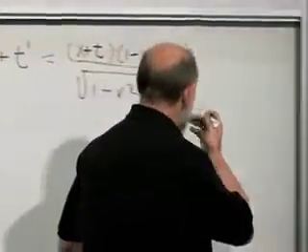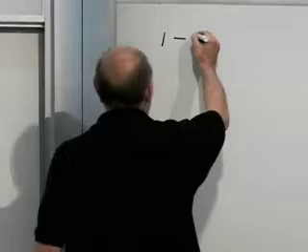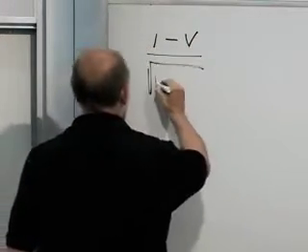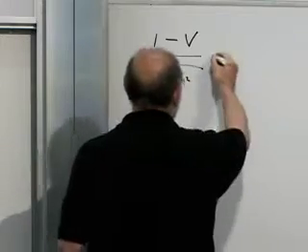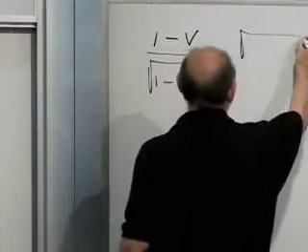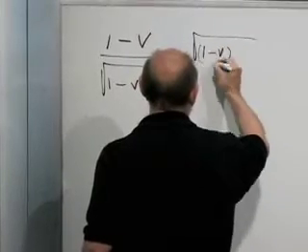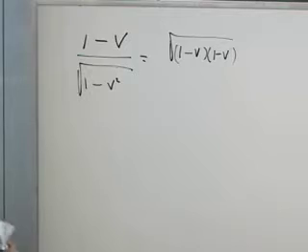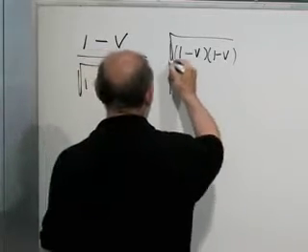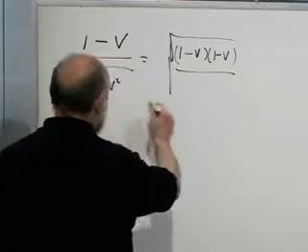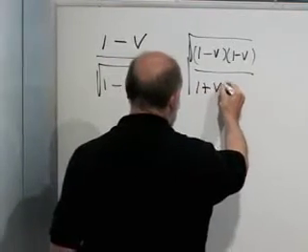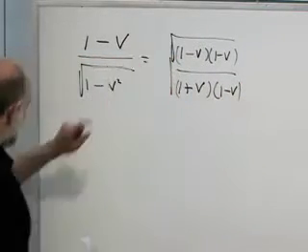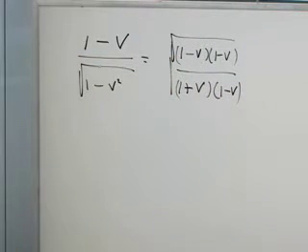What's that? Let's work it out over here. 1 minus v upstairs, and then the square root of 1 minus v squared downstairs. That's the same as 1 minus v, divided by the square root of 1 minus v times 1 plus v, because 1 minus v squared is 1 minus v times 1 plus v.